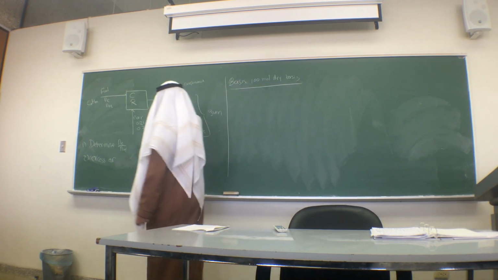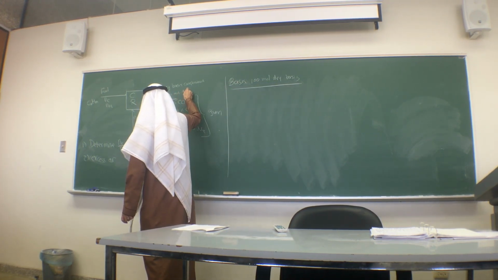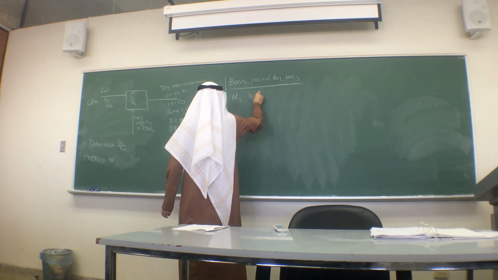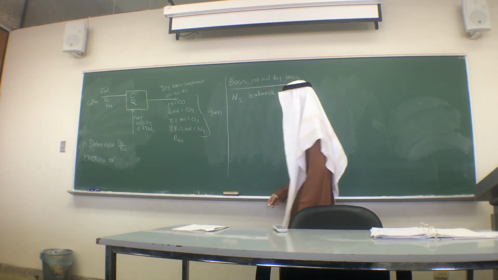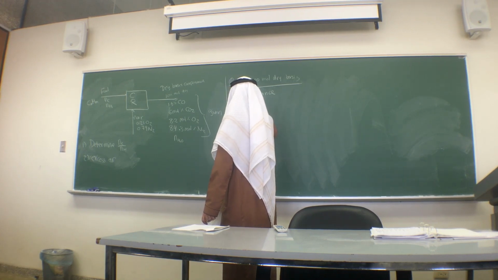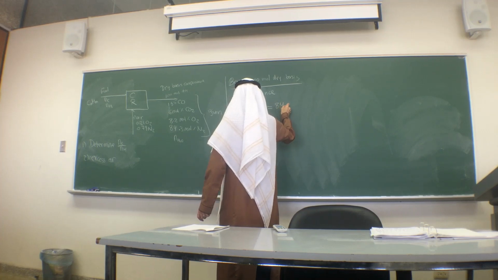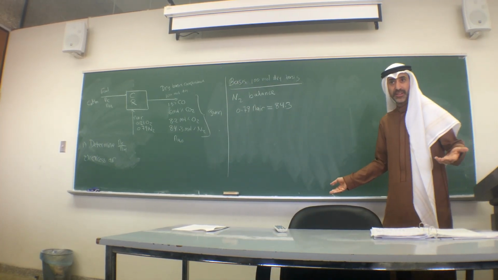The N2 balance. So here now we have 100 mole dry. Let's go: 0.79 N air equals 84.3, direct.